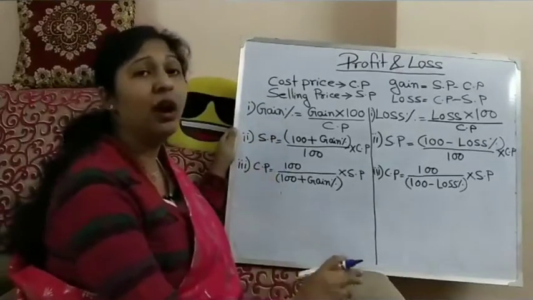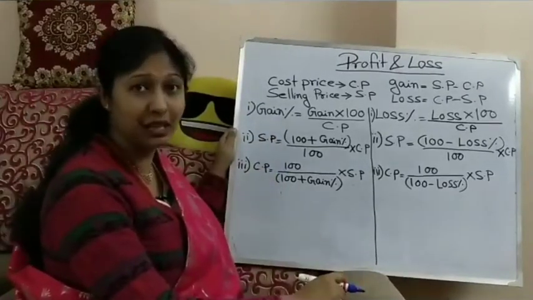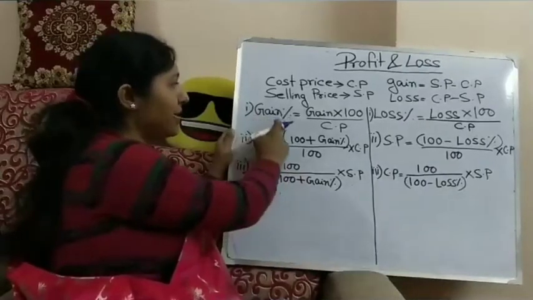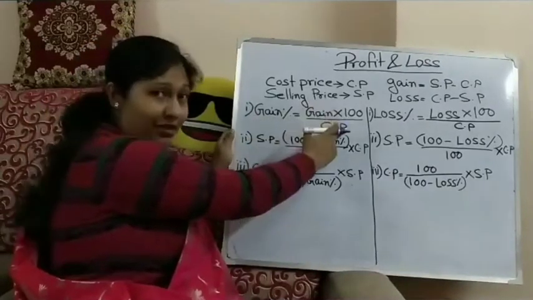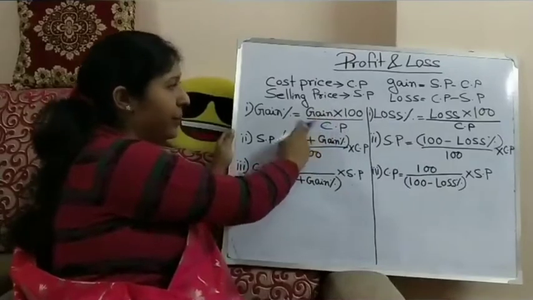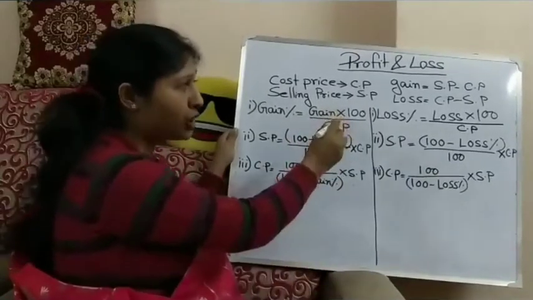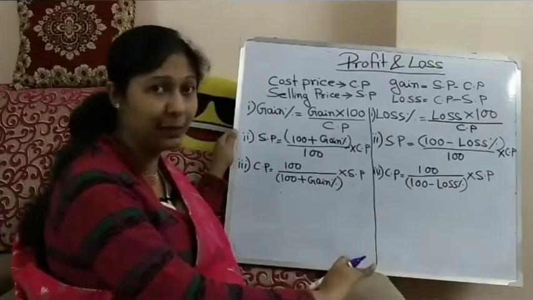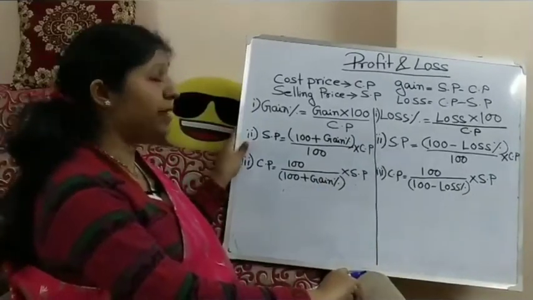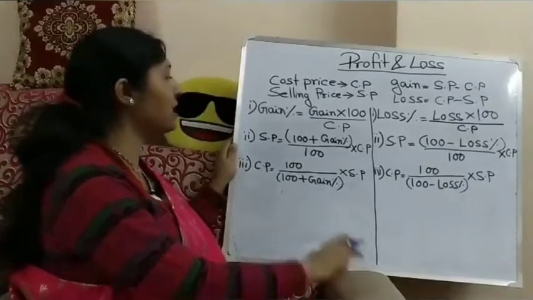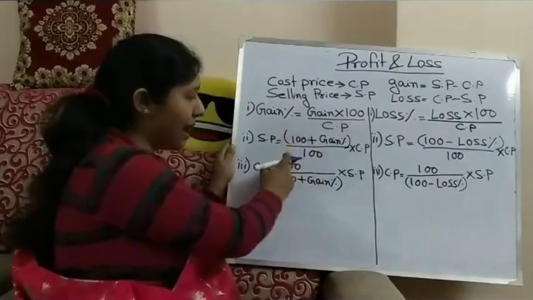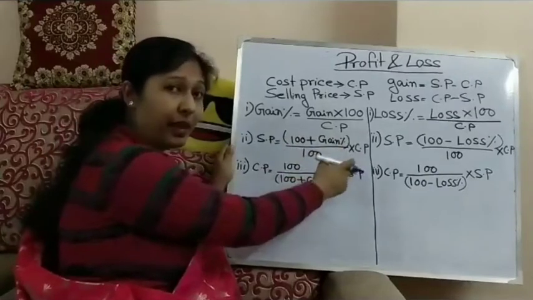If I tell you how we will find the percentage of gain, for that purpose we should write down: gain percentage equals gain into 100 by CP. In the same way, loss percentage we will get as loss into 100 by CP. SP, meaning selling price, we will get as 100 plus gain percentage by 100 into CP.